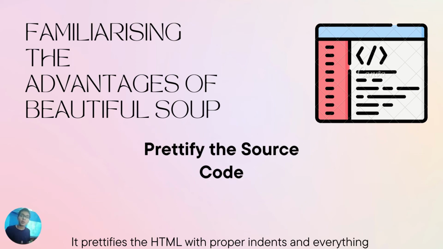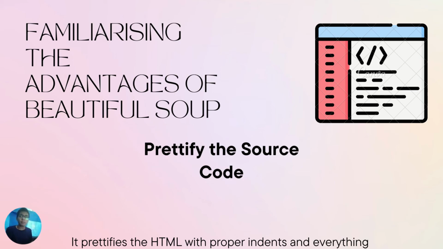Essentially, the gibberish HTML, which is unreadable for an untrained eye, becomes more readable when the prettify method is applied on it. So for an untrained eye, the HTML looks more readable. This is a feature of Beautiful Soup which also makes it one of the most popular web scraping tools for Python. By this, we have completed the advantages by which Beautiful Soup became the most popular web scraping tool.